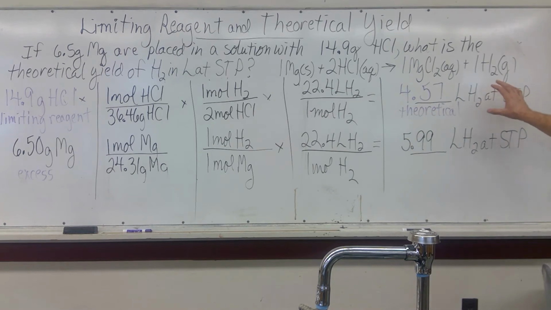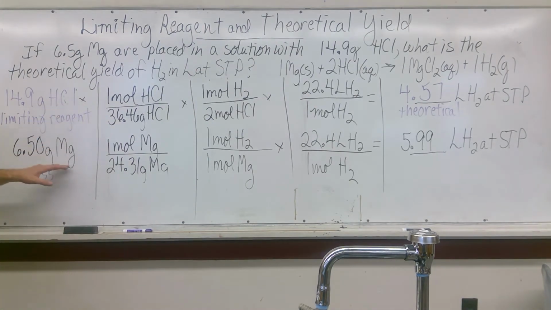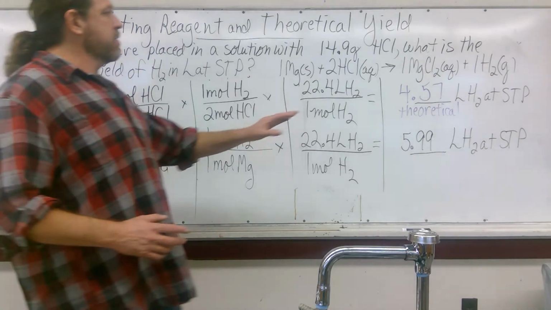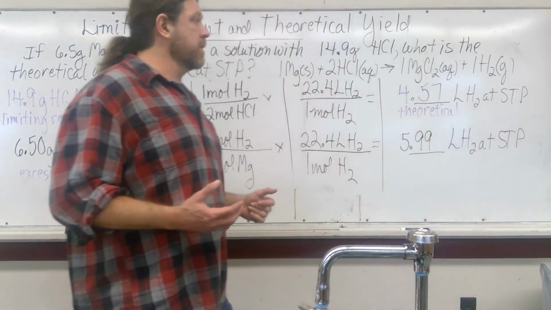So, we've set up two equations to determine what the true possible yield of this chemical reaction is when we have the reactants hydrochloric acid and magnesium in these mass amounts. The value that we're looking for as a target is hydrogen gas in volume liters at standard conditions.